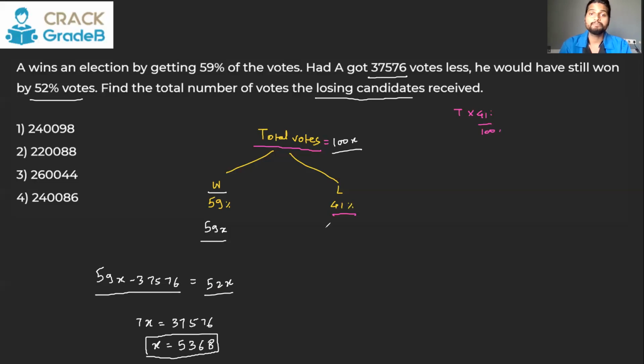So all you have to do is put here, because out of 100x votes, all the losing candidates together are getting 41%, which means 41x. So you just have to put the value of x here. So 41 into this, if you do, the answer will be 220088. Option number 2. Easy. Let's see one more question.